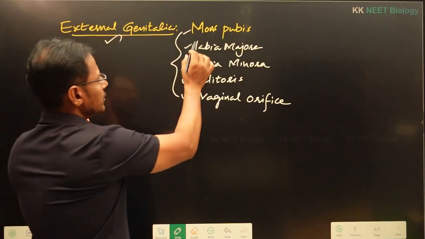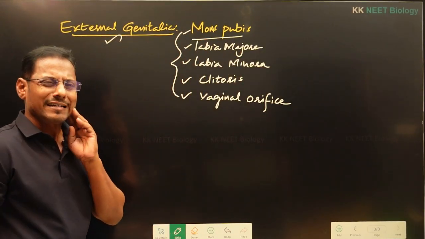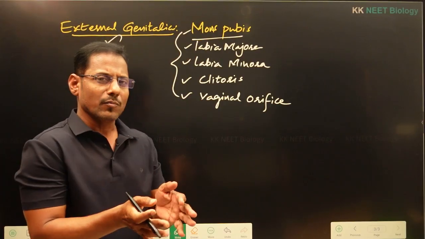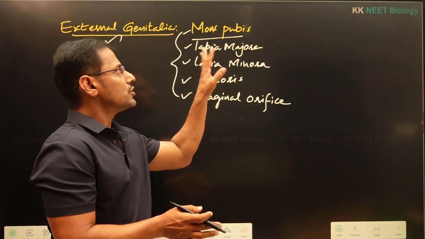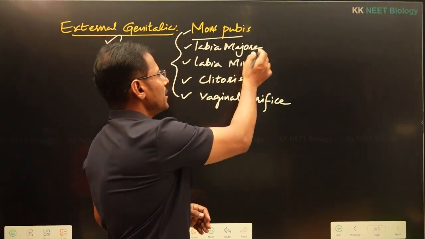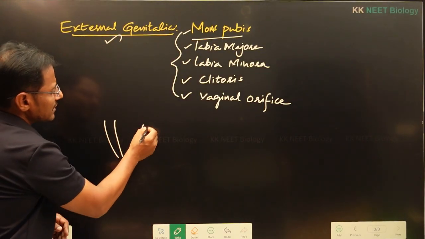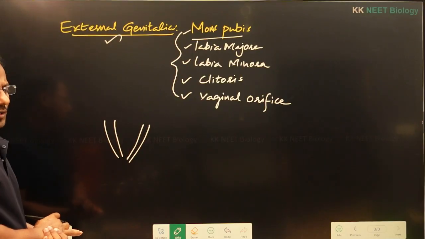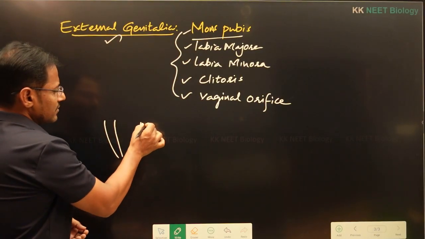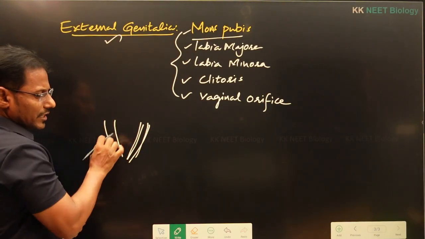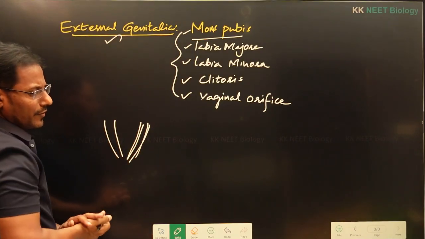Now we are going to see the mons pubis. The mons pubis is a fatty structure present above the labia majora. Assume that this is the labia majora. These are skin folds, the vertical lips of the external genitalia of the female.